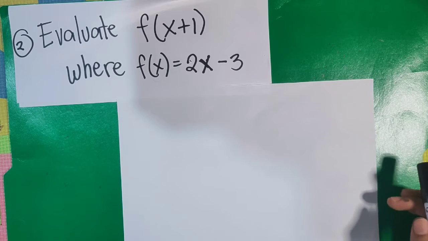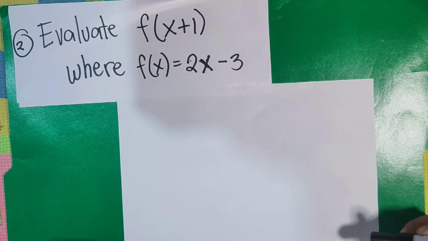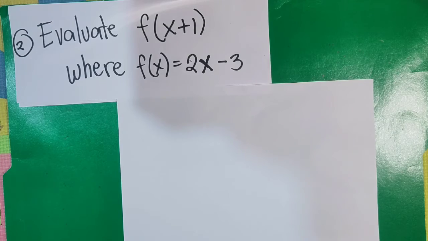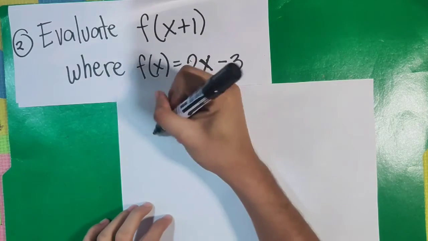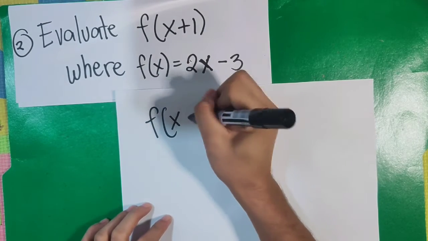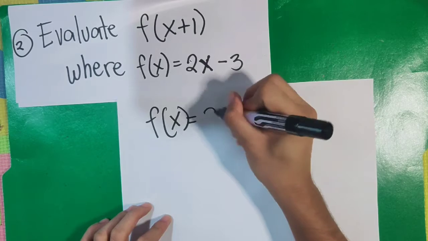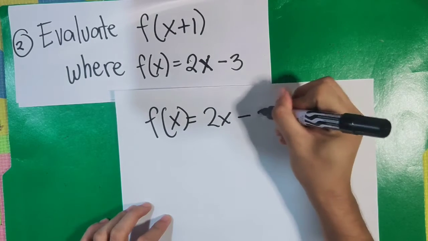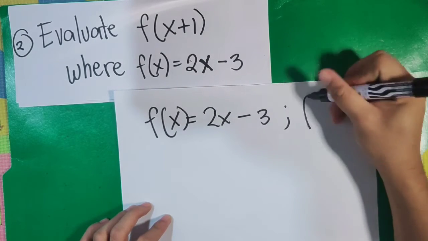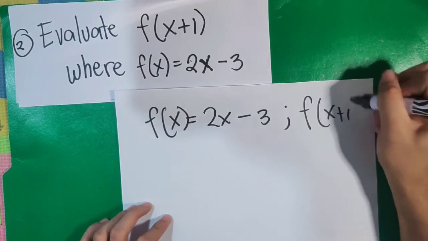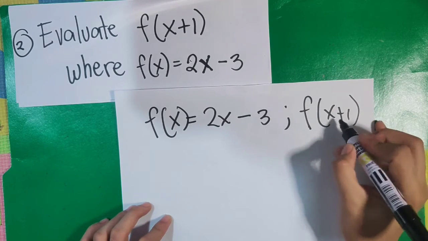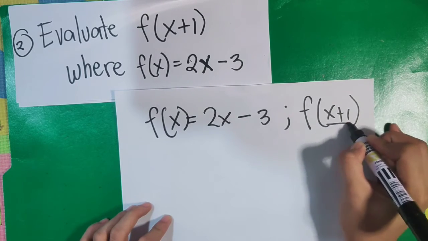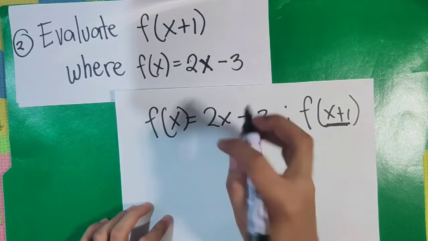Next, evaluate f of x plus 1 where f of x equals 2x minus 3. Again, we copy first the given function where f of x plus 1. So we need to substitute this x plus 1 into the given x.